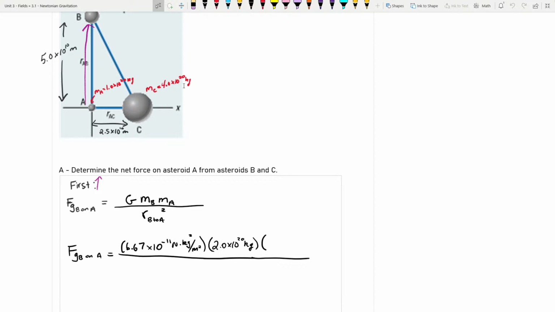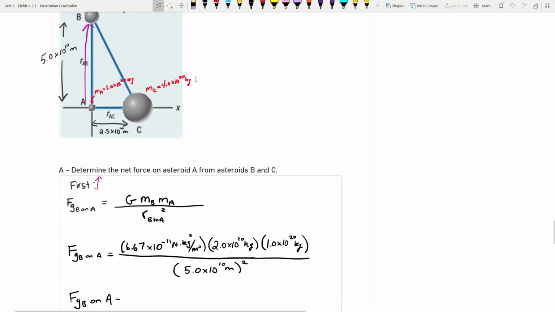And the mass of A, we said, was 1.0 times 10 to the 20 kilograms. Okay. And the radius between them was 5.0 times 10 to the 10 meters. And we have to remember to square that distance. And so we can find the force of gravity of B on A.